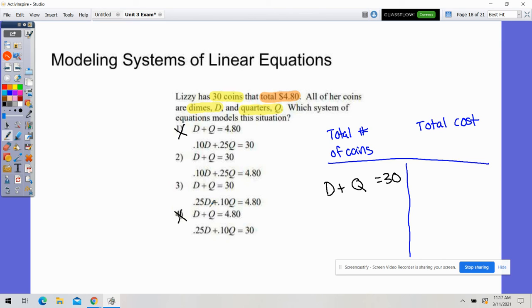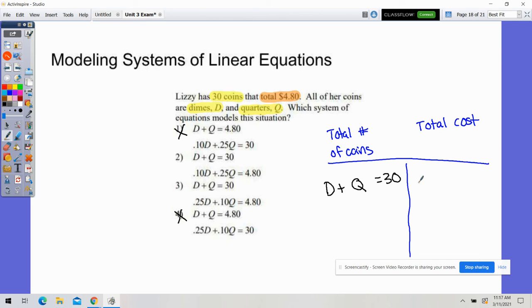Now, where did that come from? Well, we know that a dime is 10 cents, 0.10, and a quarter is 25 cents, 0.25. So we need to make sure that the 10 cents matches with the dimes and the 25 cents matches with the quarters.